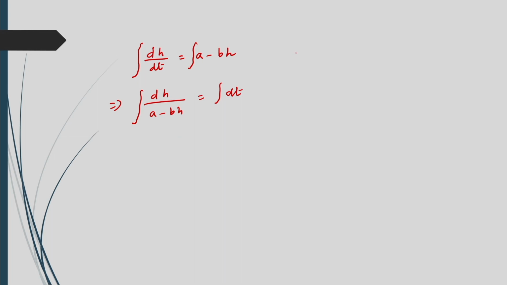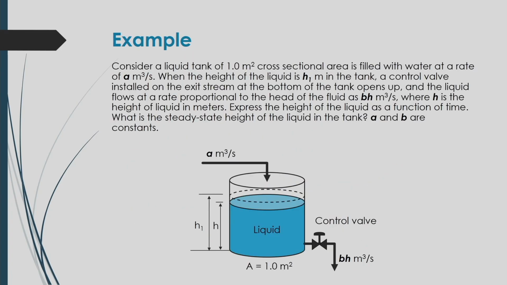Now, as per the initial condition, at time t equal to 0, the height of the liquid inside the tank will be H equal to H1. It is given in this picture here. Initially up to this height was there, that is H1.